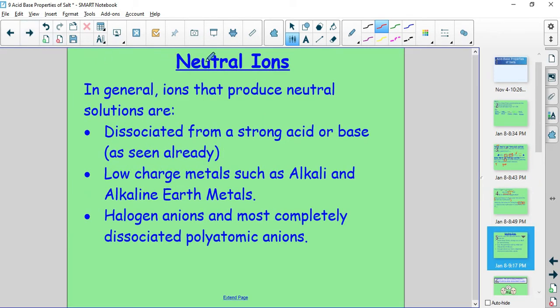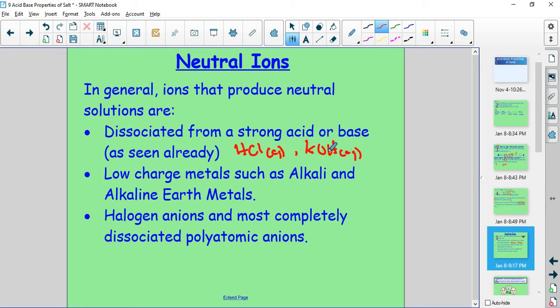And here it is, neutral ions. So not all ions or salts are going to have acidic or basic properties. Here are the ones that are neutral. If they could have come from a strong acid or a base, similar examples we've already seen. HCl is a strong acid, hydrochloric acid, and potassium hydroxide is a strong base, sodium hydroxide as well, of course.